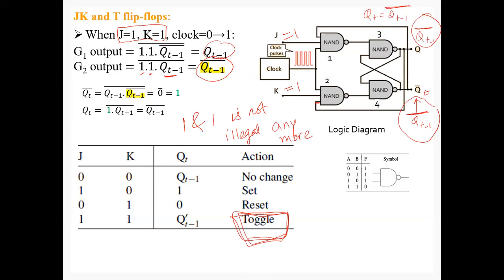Instead, 1 and 1 is called toggle state. This is the meaning of toggle state. So Q(t) equals Q(t-1) bar is called toggle state. Does it make sense so far?